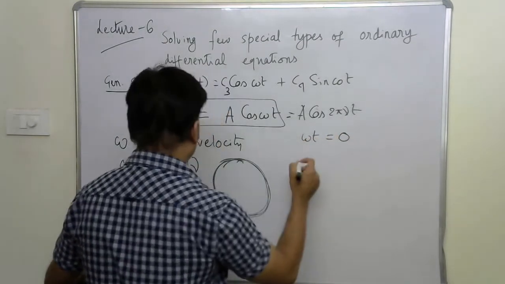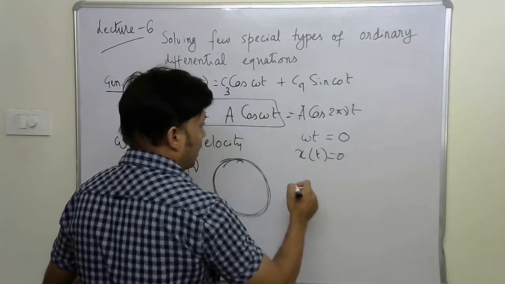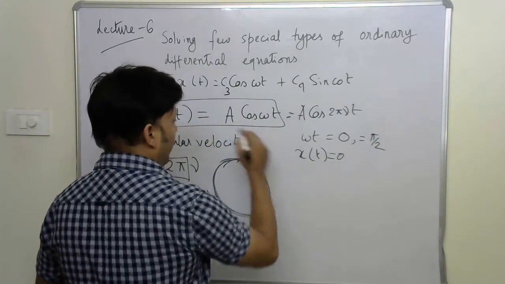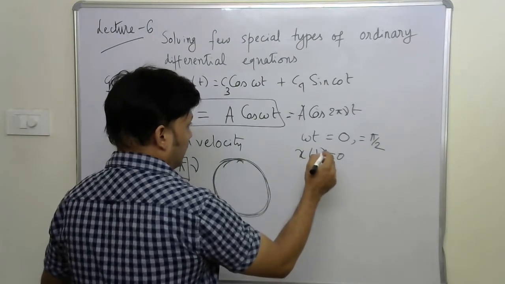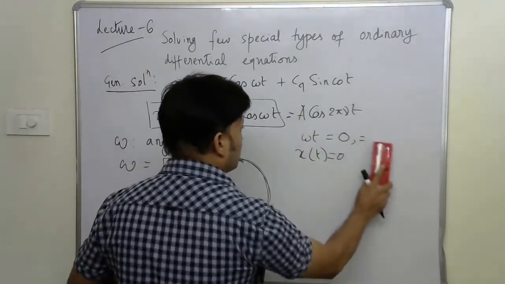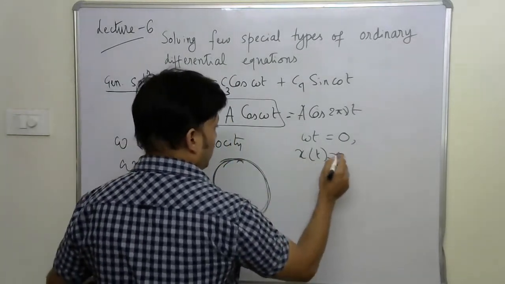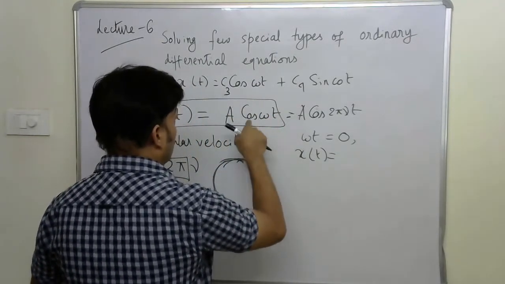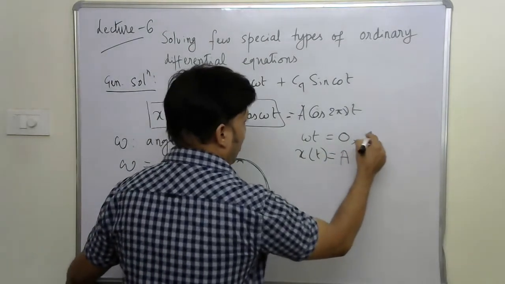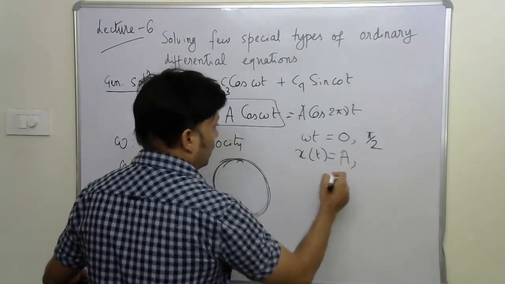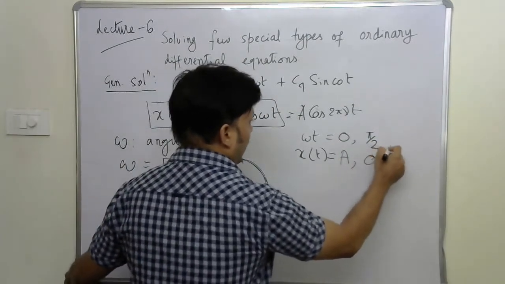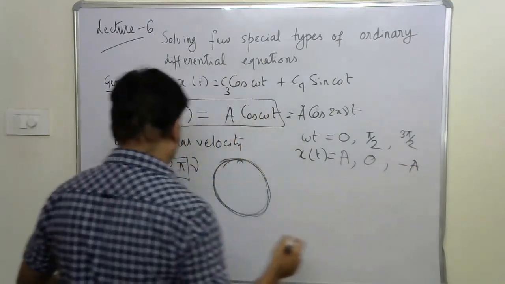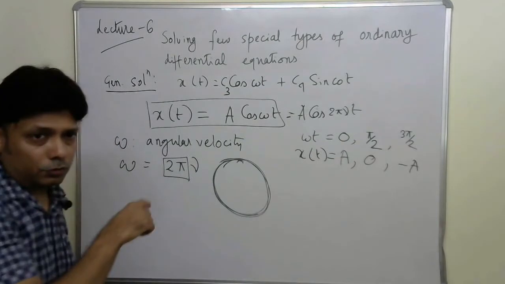So now let's take a look at the values. When omega t is equal to 0, the value of x(t) is equal to A, and when it is pi by 2, the value becomes 0, and when this is 3 pi by 2, the value becomes minus A, and so on.